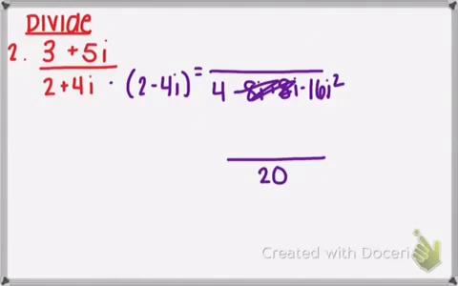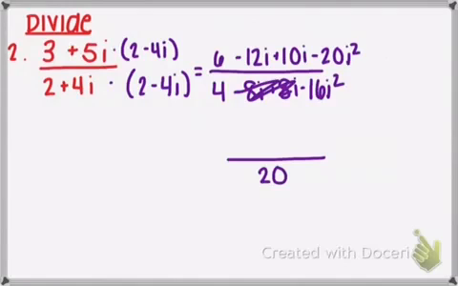And then you do the same on the top, multiplying it by the conjugate of 2 minus 4i. So 3 times 2 giving you 6, and 3 times negative 4i giving you negative 12i. 5i times 2, 10i, and 5i times negative 4i giving you negative 20i squared. And then you put like terms together, so the negative 20i squared would become positive, so 6 plus 20 would be 26, and negative 12i plus 10i would give you negative 2i.